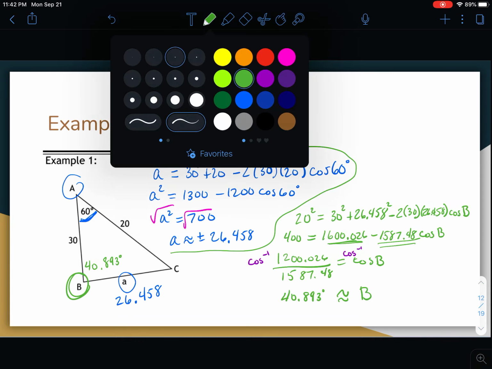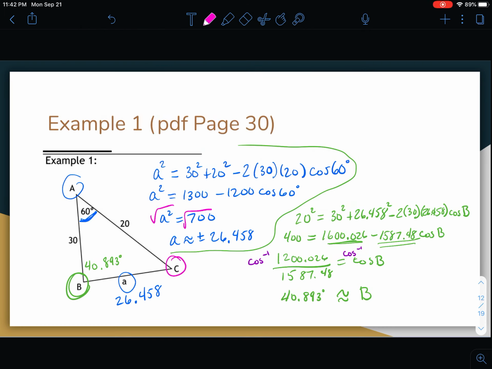Okay, last thing to find for this is angle C. Now in this case, since we have the two angles already there, we can go ahead and do our subtraction from 180. So we can go ahead and say measure of angle C equals 180 degrees minus 60 degrees minus 40.893 degrees.